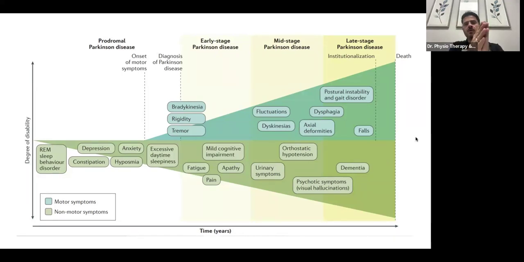When those three symptoms, or two of them at least, are present, that's when the diagnosis is made. However, there is a period a little bit before when the motor symptoms were presented. And even before that, what's called the prodromal stage, is when the non-motor symptoms were presented, but there was no correlation yet with Parkinson's.